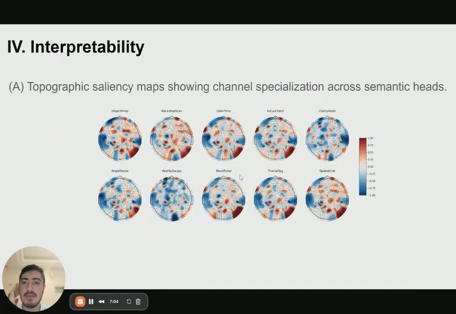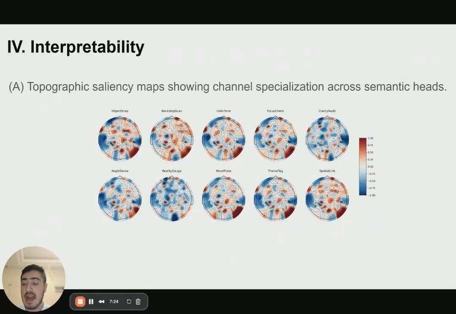So for the interpretability analysis, for each head, we computed the gradient of the input with respect to the output loss, which gives us a matrix of the same shape as the EEG.